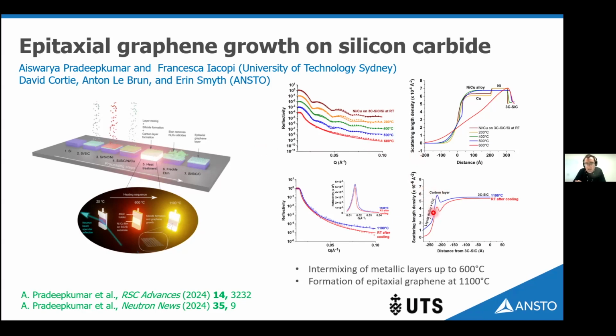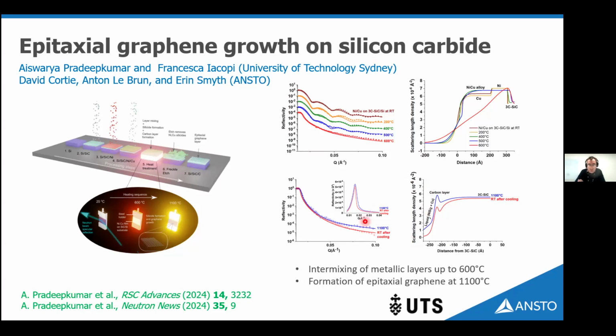Although there's still some uncertainty, so if you look at the uncertainty, they're quite large. However, we were unable to fit the data without this carbon layer forming, and the group took the samples and did other XRD and Raman spectroscopy to confirm that the carbon layers have also been formed as well. So that was quite good.